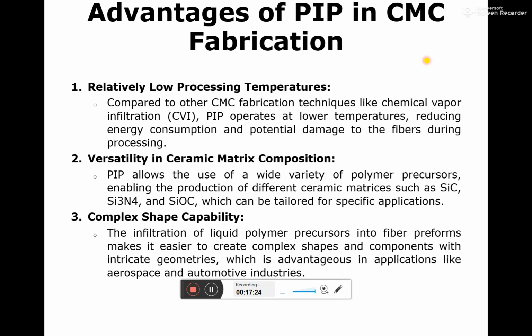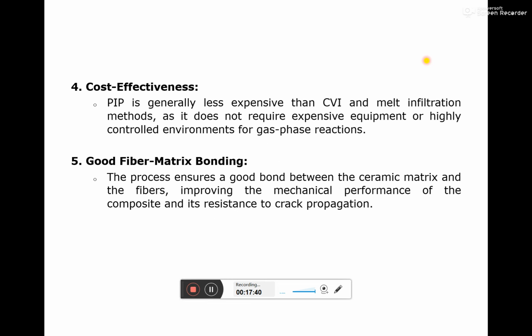Also, by using this polymer infiltration and pyrolysis process, we can produce complex shapes. And when compared to chemical vapor infiltration, the cost of the equipment and processing is very much less.